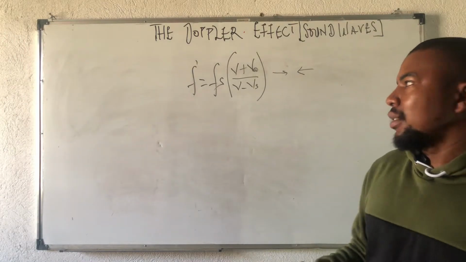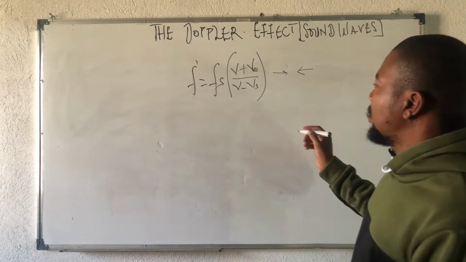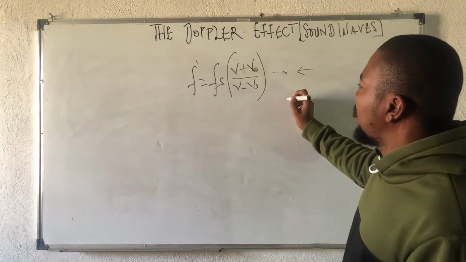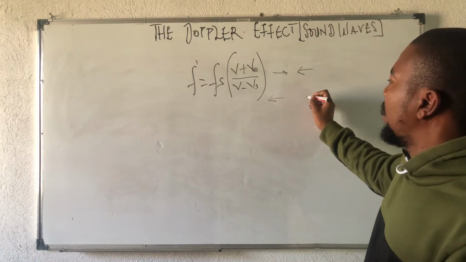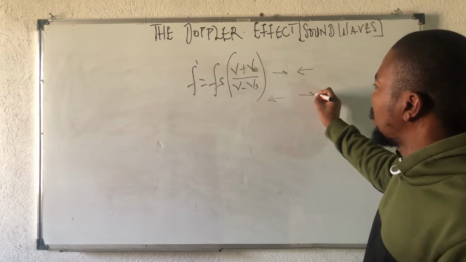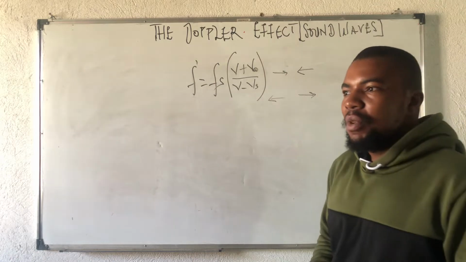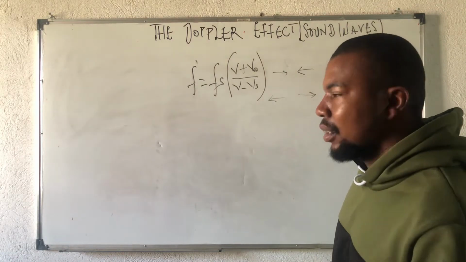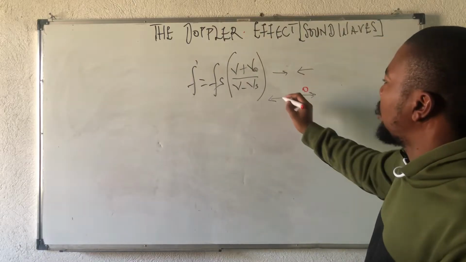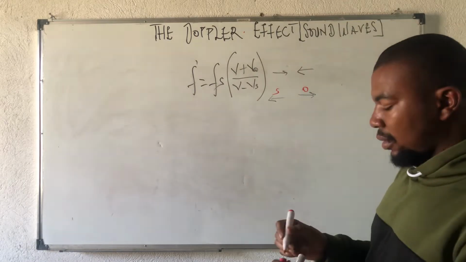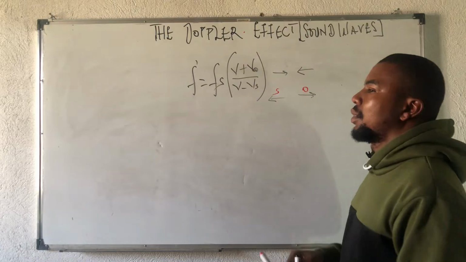But in some cases, for example, let's assume that the source and the observer are moving away from each other. So let me use this to denote the observer. So this is O and this is S, the source and the observer.